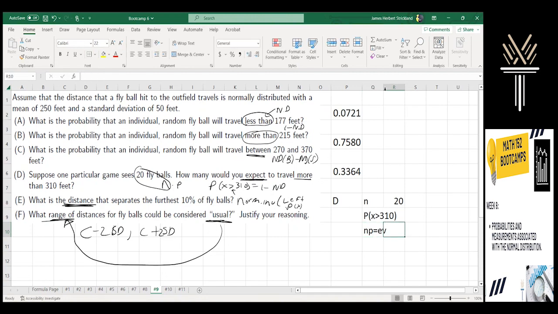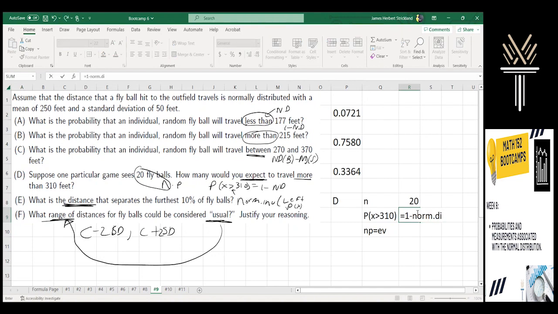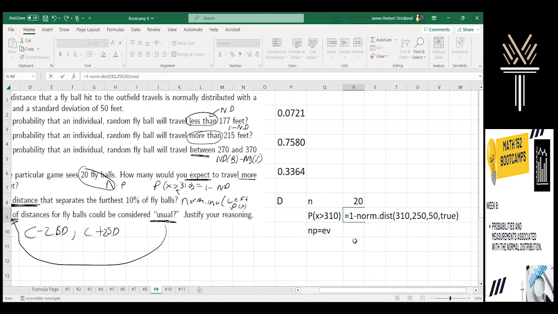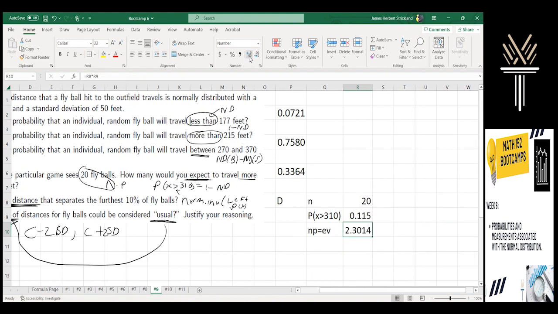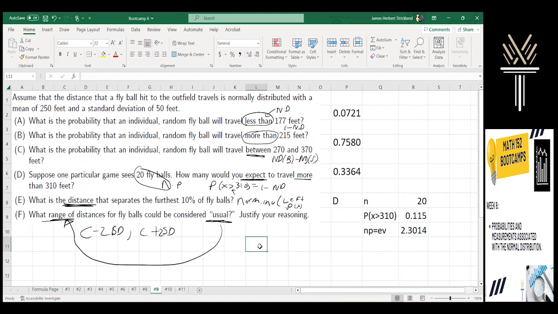P is greater than, so 1 minus norm.dis, in this case 310, given a mean of 250, deviation of 50, always true. So we get that calculation to get our P, and of course N times P, and then we round it to whatever level of precision they need us to round it to. So about 2 fly balls is what we would expect.